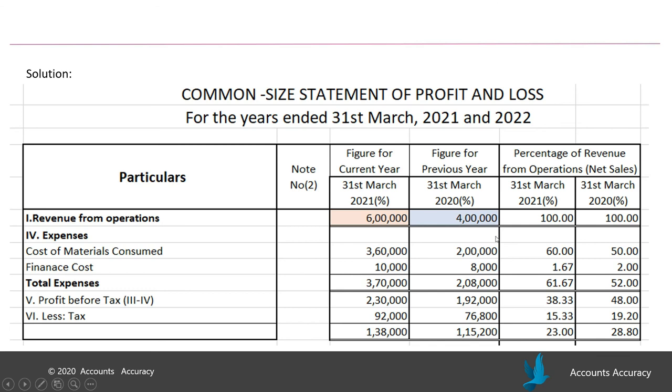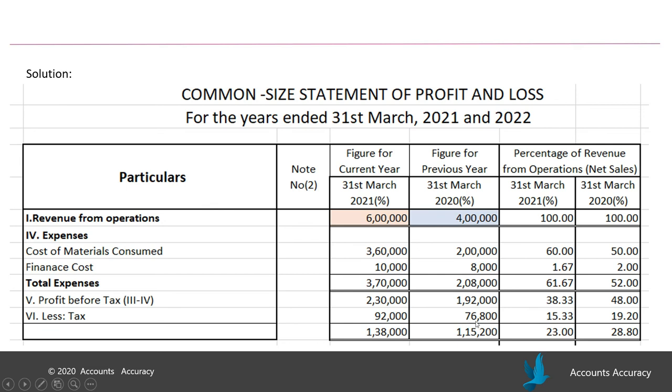So 2 lakh by 4 lakh into 100, it will come 50%. For finance cost, 8,000 divided by 4 lakh into 100, 2%. For this total expenses, that is 2,08,000 divided by 4 lakh into 100, 52%. Profit before tax, 1,92,000 divided by 4 lakh into 100, 48%.